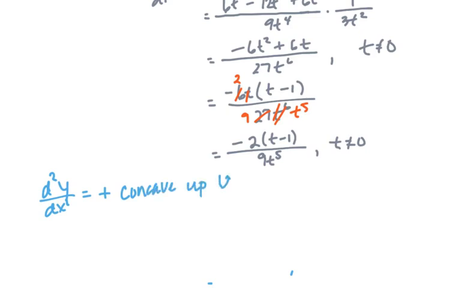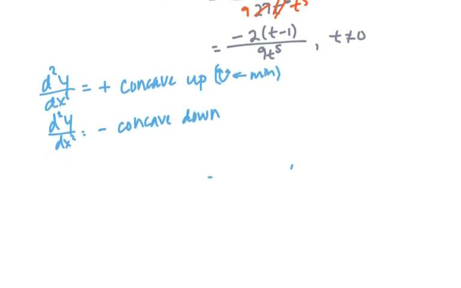Remember, concave up is a little parabola, which means it's a minimum, but you don't need that part here. We're just looking for concave up or down. And if the second derivative is negative, then we are concave down. So we really only need to look at the second derivative here.